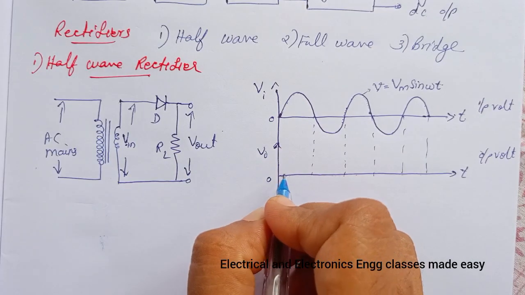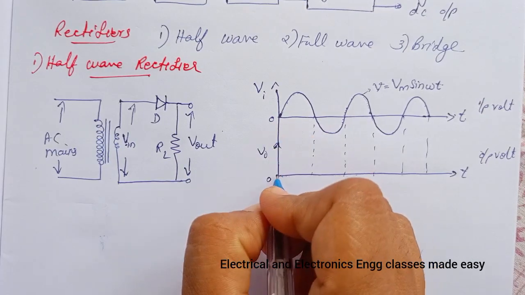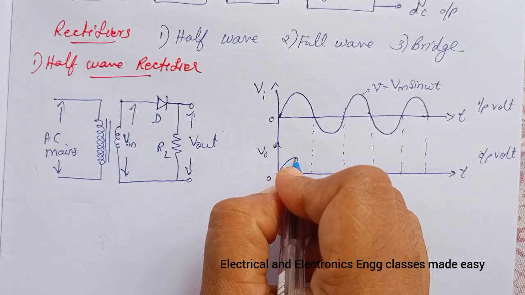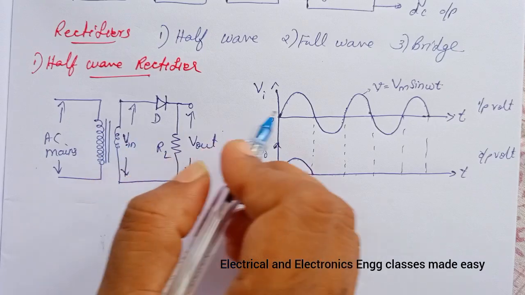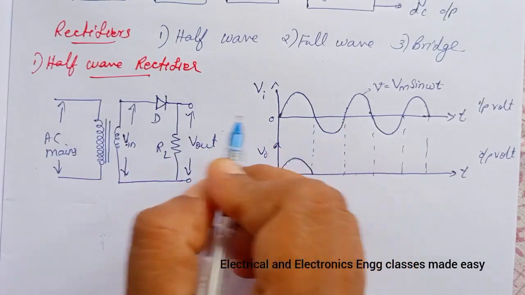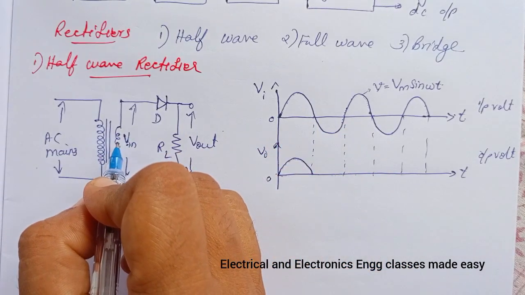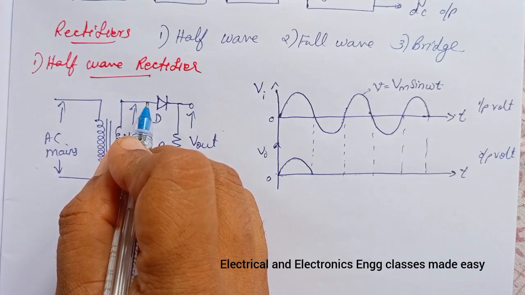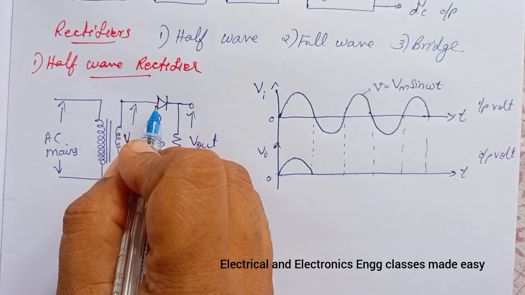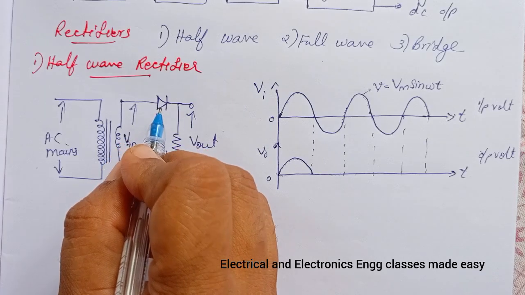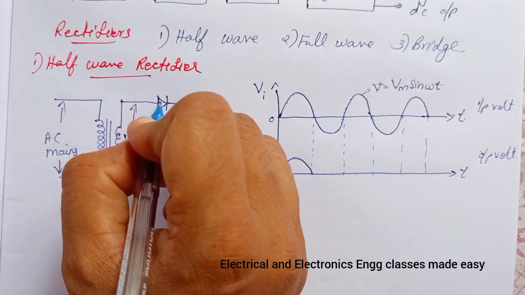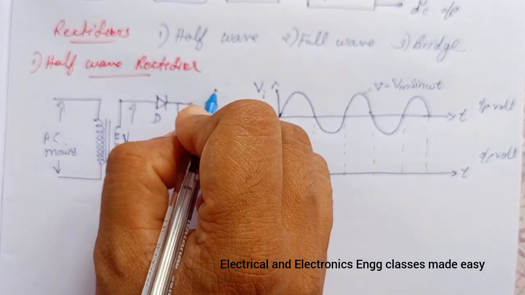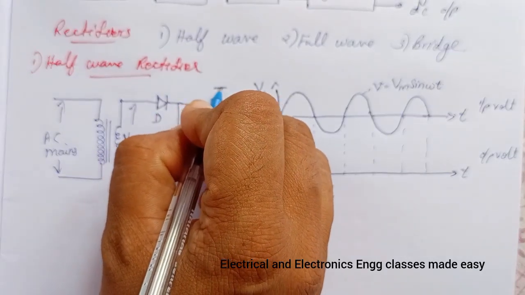So we can draw the output like this. And this is the negative half cycle. During the negative half cycle of the sine wave, the diode D is reverse biased, hence no current flows in the circuit.